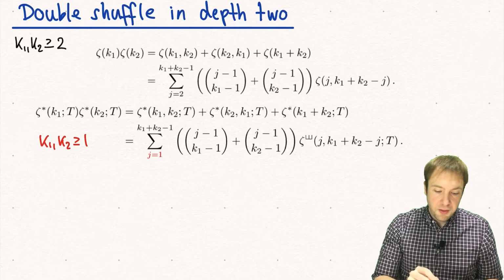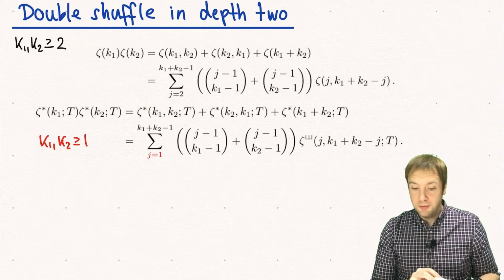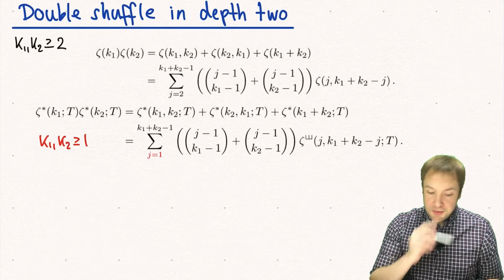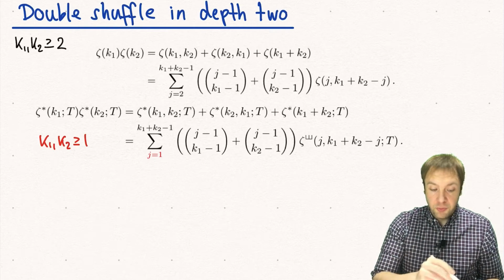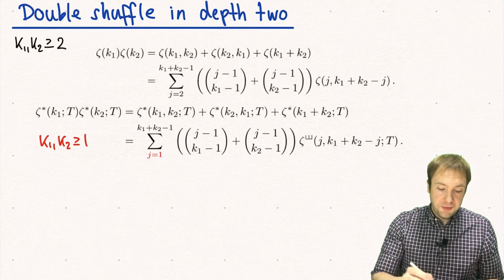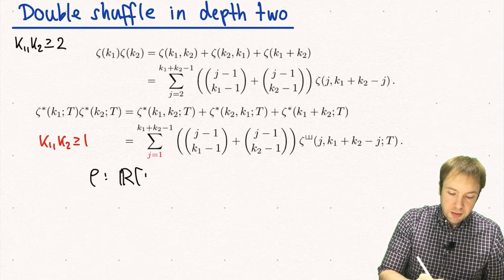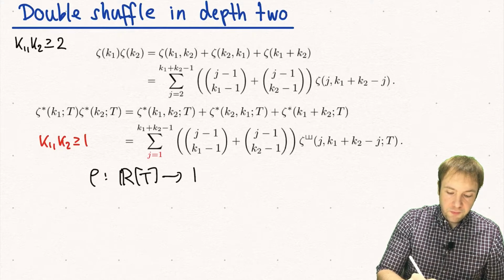But we also saw that these stuffle and shuffle regularized zeta values are not the same. In depth 1 they are the same, but in depth 2 we saw that there is this map rho, which was a map from the polynomial ring with real coefficients to the polynomial ring with real coefficients.